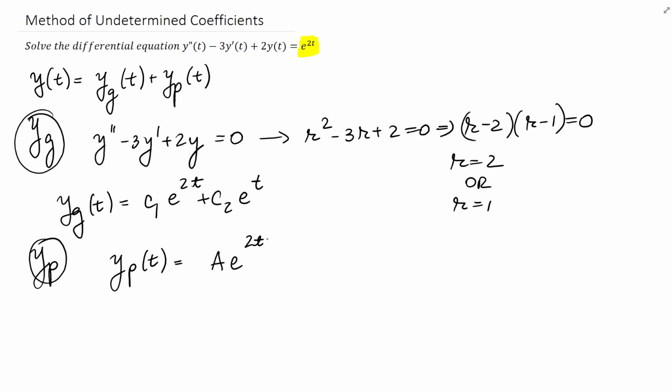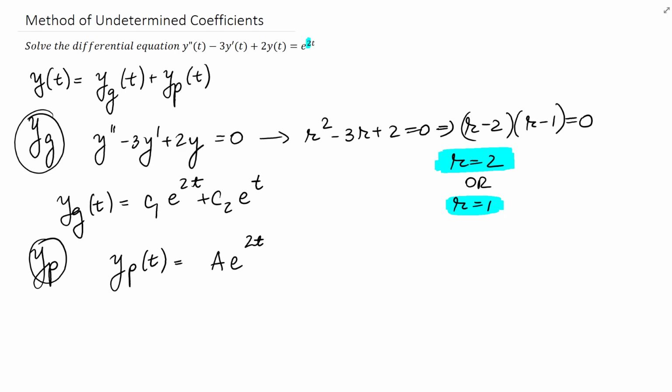Now, the fact that we started with the general solution is showing us that we have r equals 2, a solution of the homogeneous equation, and r equals 1. Now r equals 1 doesn't tell me anything, but r equals 2, the 2, is the same as the coefficient here at the exponent.